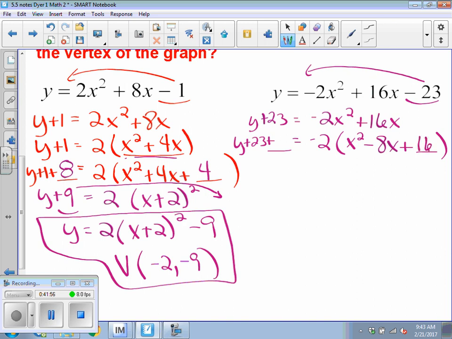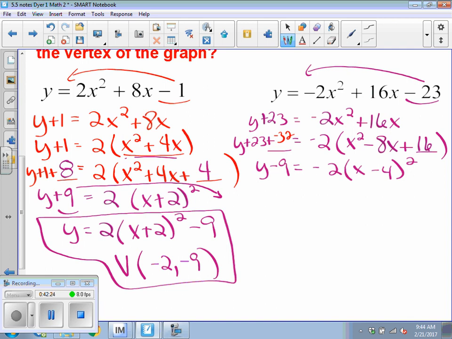Now that's perfect. However, I didn't add 16 total on the right. I added 16 times -2, which is -32. That's where you guys are making that mistake. So you have y plus 23 minus 32 is y minus 9 equals -2, and this is x minus 4 squared.